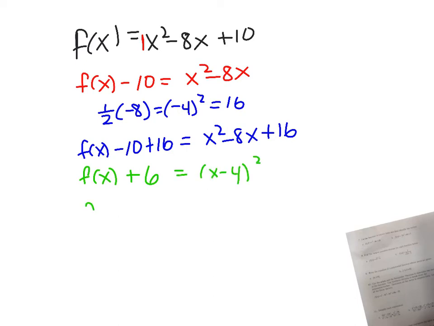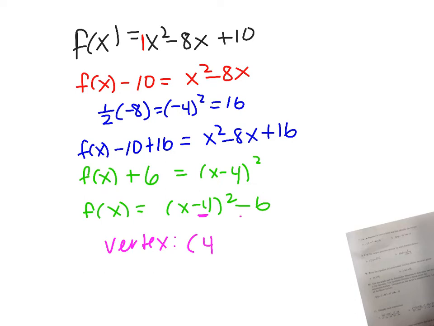Minus the 6 back over, so we get f of x is equal to x minus 4 squared minus 6. The vertex, remember, it's opposite of this, so it's positive 4, and this stays the same, negative 6. So it's 4, negative 6.